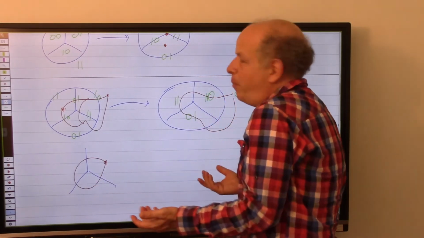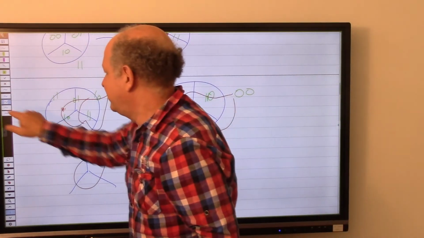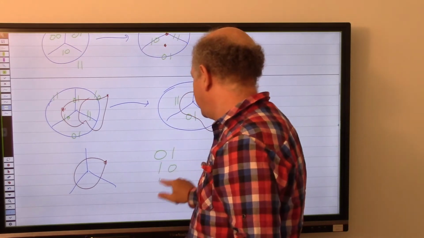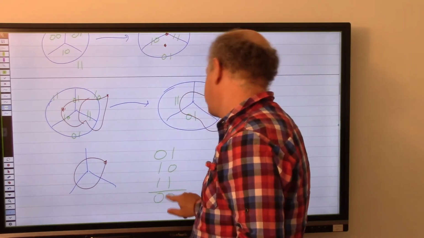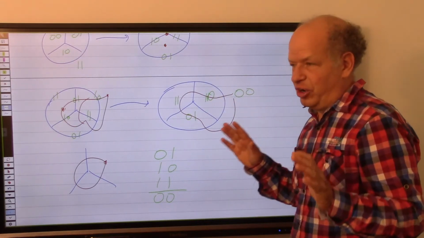But that's a property of the group Z2 plus Z2. Namely, the sum of the 3 non-zero elements, 0, 1, 1, 0, and 1, 1 is equal to 0. QED. I hope you followed.